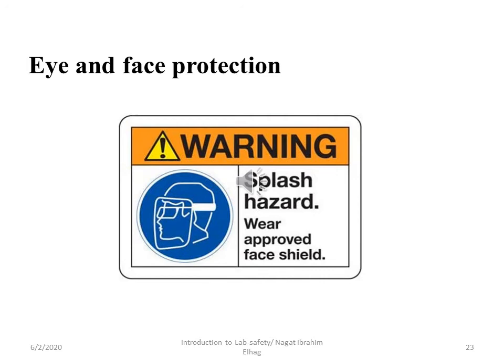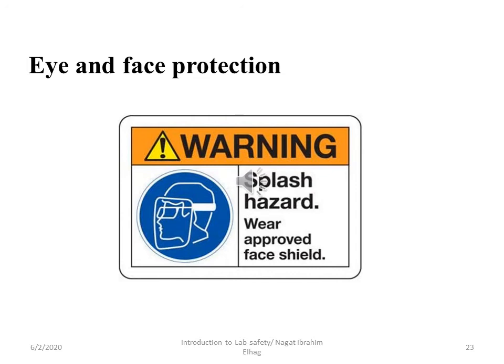Eye and face protection. To protect the face and eyes, we use many types of materials. Some of them are safety glasses, which protect your eyes from moderate impact. Also, splash goggles protect eyes from chemical splash hazards.